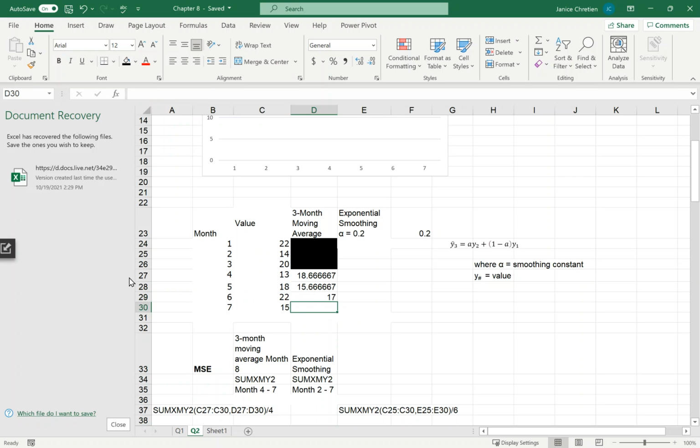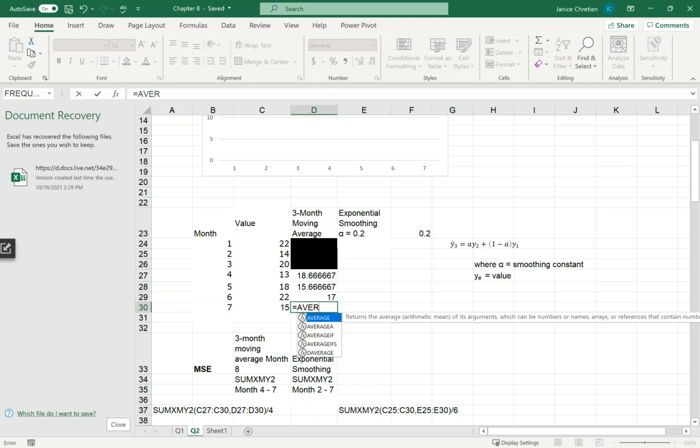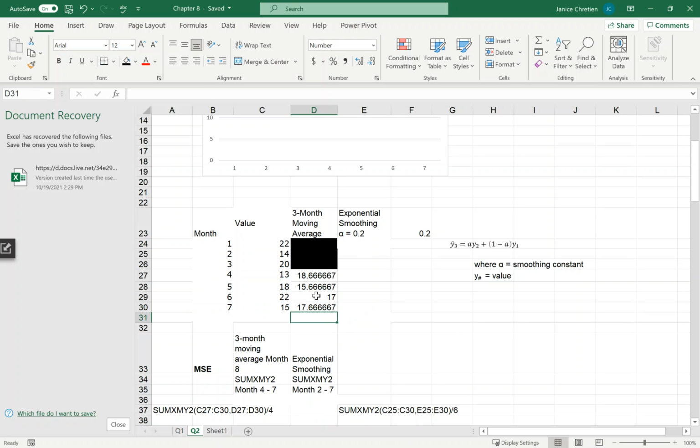Month 6 will be the average. I'm sorry, month 7 will be the average of 4, 5, and 6. And remember, we're going to be predicting month 8. So we'll go ahead and add that.